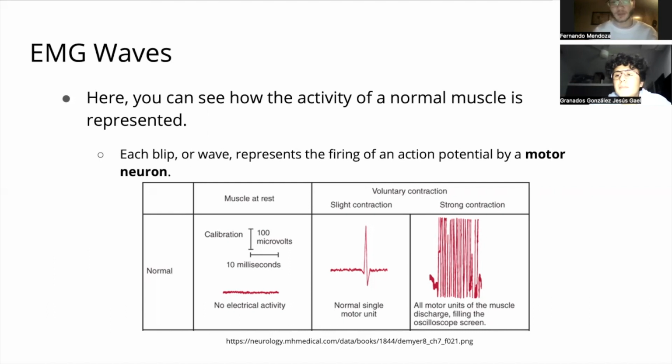Each blip or wave represents the firing of an action potential by a motor neuron. This machine must be calibrated to 100 microvolts in 10 milliseconds. And when we don't have electrical activity, it will just show a line, not an impulse like in the image.